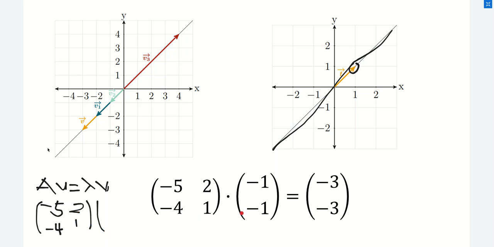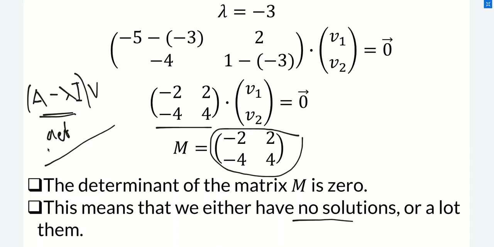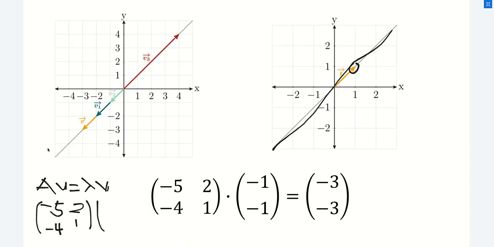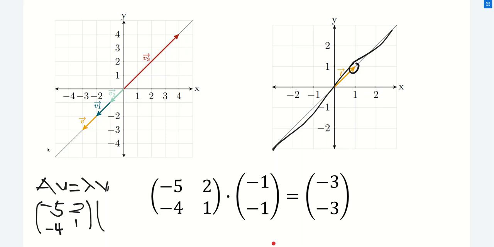Then our eigenvector. Okay, so this is what we are looking for.